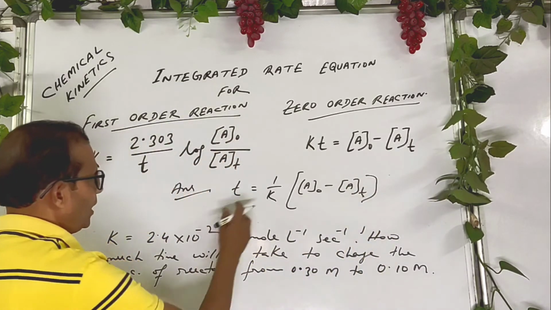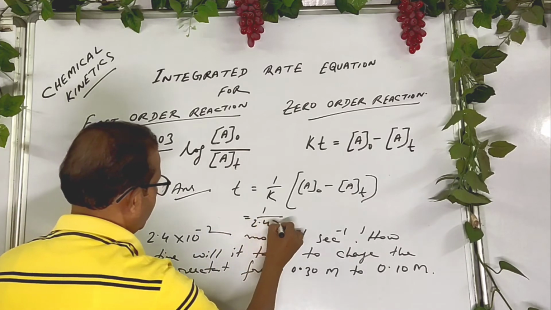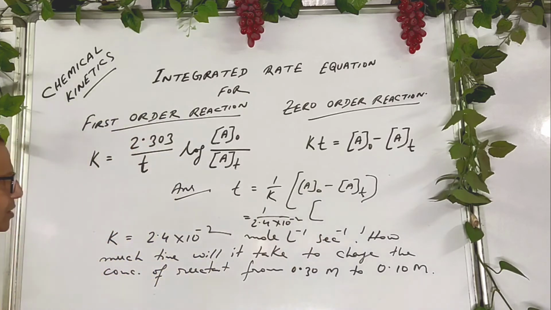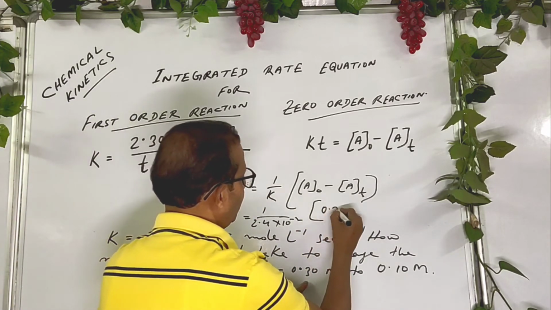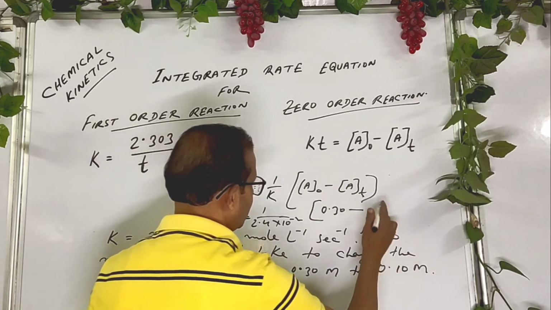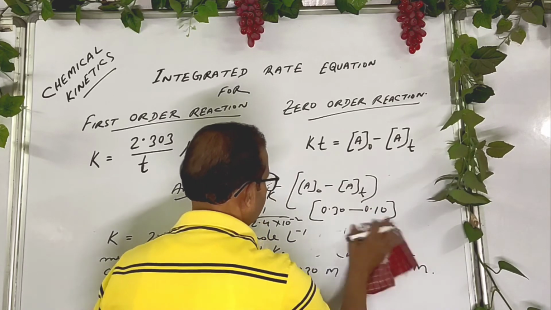Now K is 1 upon 2.4 into 10 to the power minus 2, A naught is the initial concentration 0.30, minus A t, which is 0.10 molar.